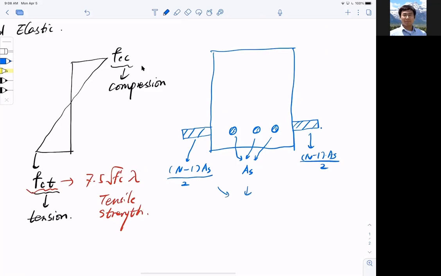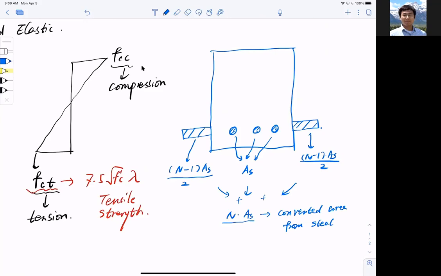If I add them up together, this gives me n As. And this is a converted area from steel. Okay, what essentially I did is I removed the steel, converted it into concrete, and filled it back into the section.